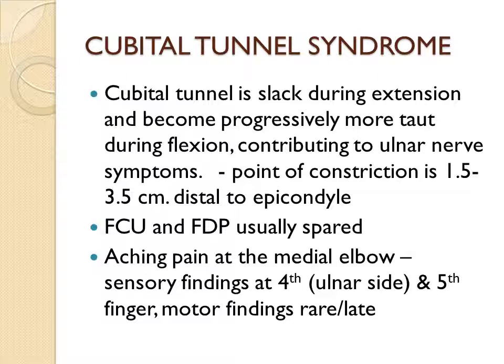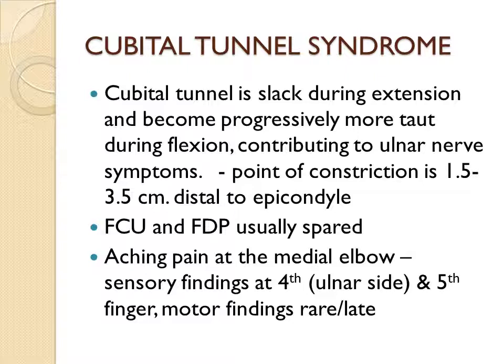Now, with compression in this area, we're going to see that the flexor carpi ulnaris and the flexor digitorum profundus to the 3rd and 4th digits are usually spared, because by now those branches have already left the ulnar nerve. And so those muscles are spared. But you'll have an aching pain at the medial elbow.